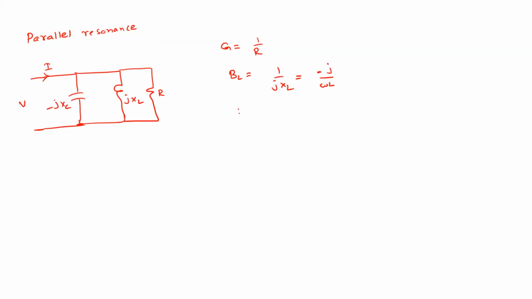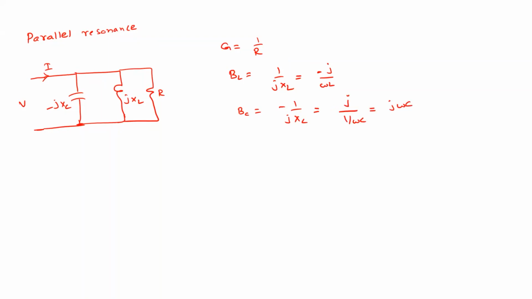And the admittance of the capacitive branch, BC, is 1 by minus jXC, which is j by 1 by omega C, which is equal to j omega C. So we are representing in the form of admittances.